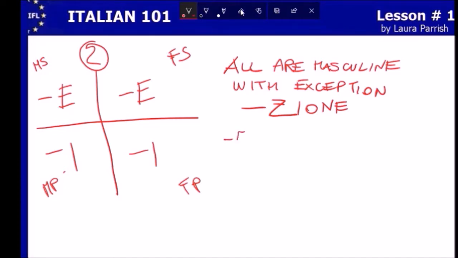Let's take some words, for example, elefante. Elefante means elephant. Another word is stazione. Stazione means station. Adozione, adoption.